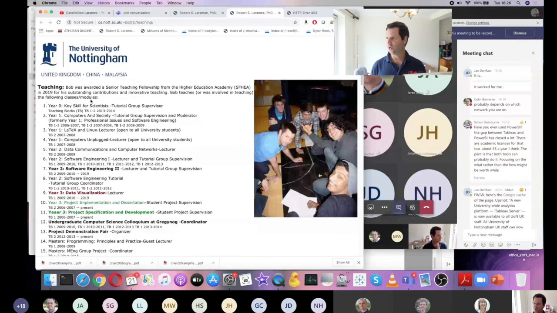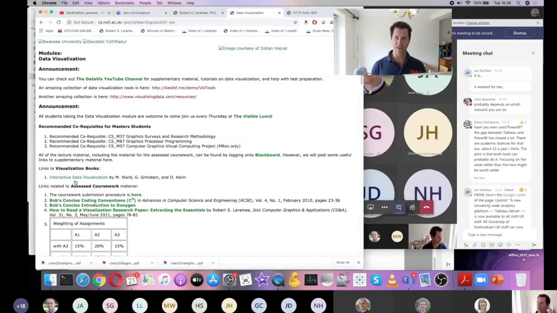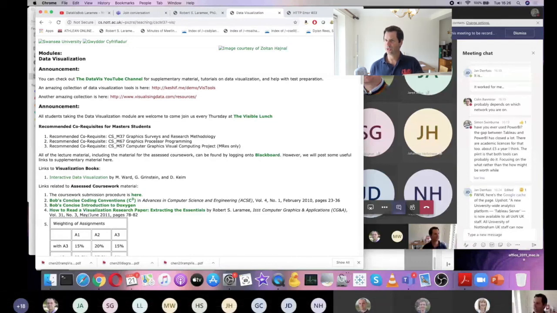There are different filters here. This happens to be programming, but if you look at the top left, you can see that there are 431 tools here altogether, data visualization tools and books. It's a really huge collection, and this is only one of them.